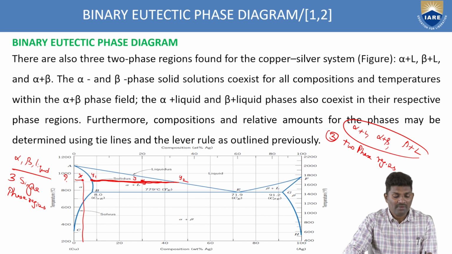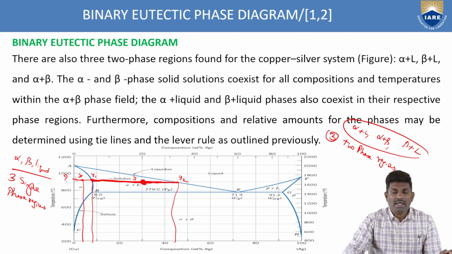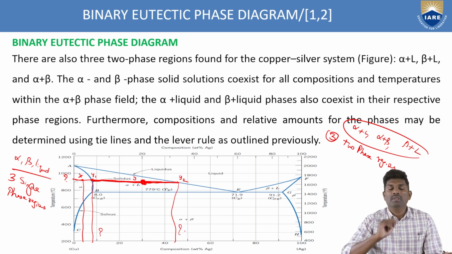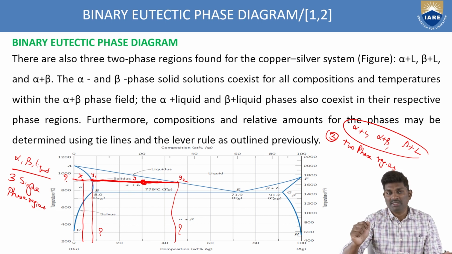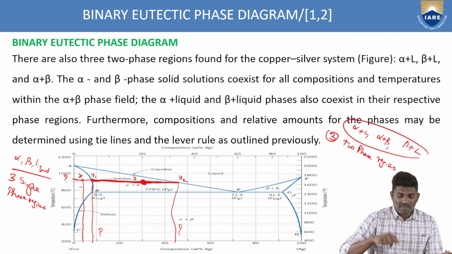From these two intersection points, I again draw the vertical and horizontal lines, and I get the temperature as well as the composition at these two points. This is how you can find the composition as well as the temperatures in a two-phase region. So that is the importance of the phase diagram.